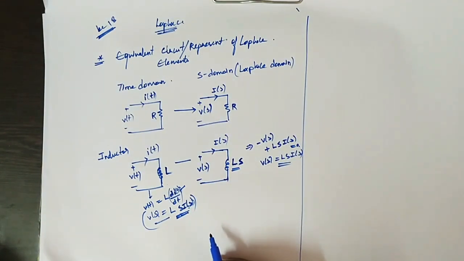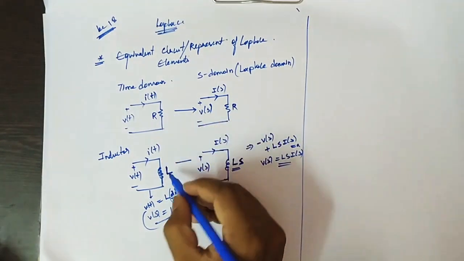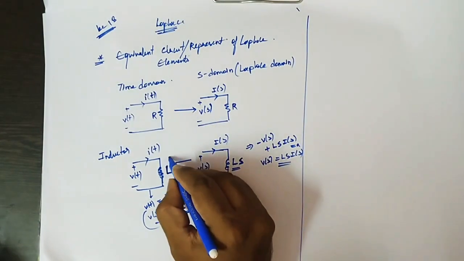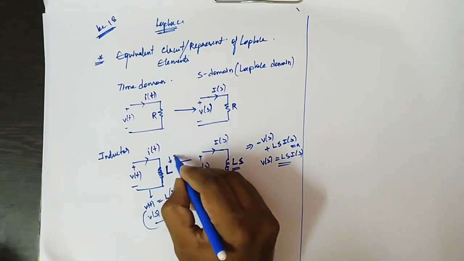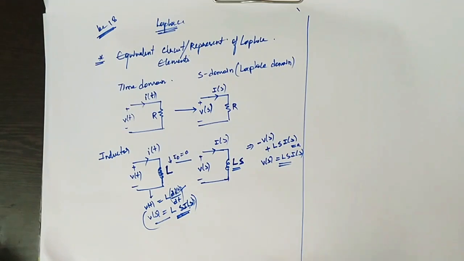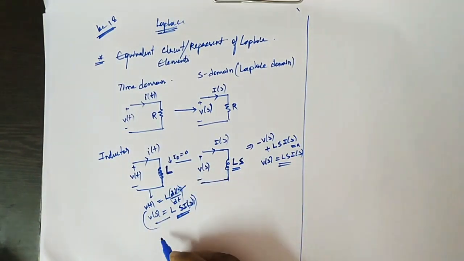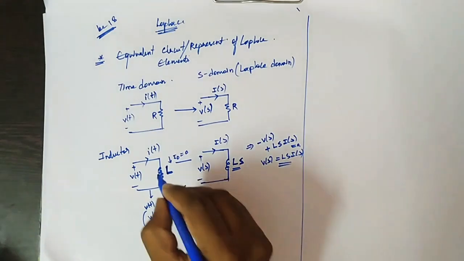Now, if in this inductor the initial current I naught is 0. If the circuit has an initial current I naught, then how will this I naught be represented for the same circuit?